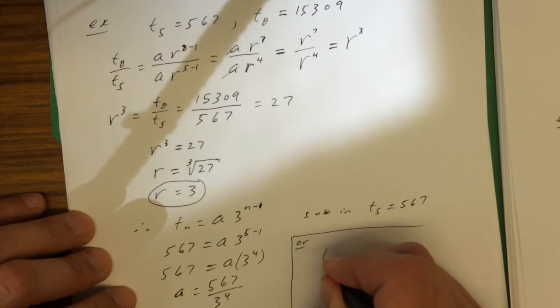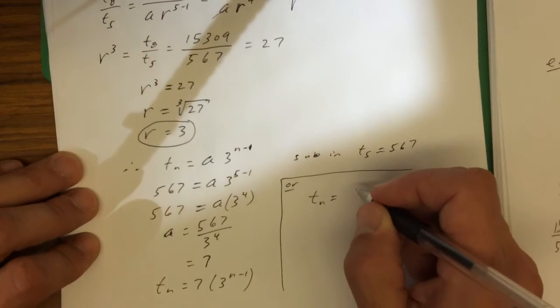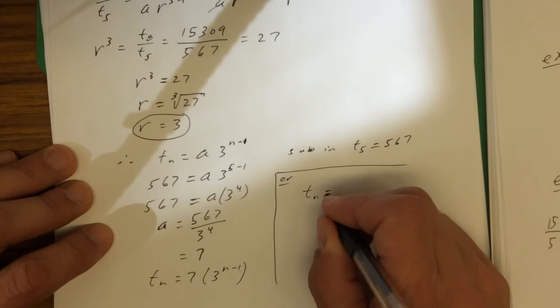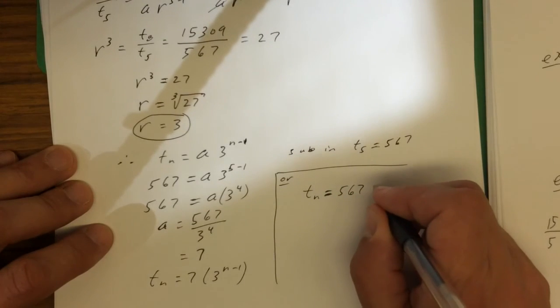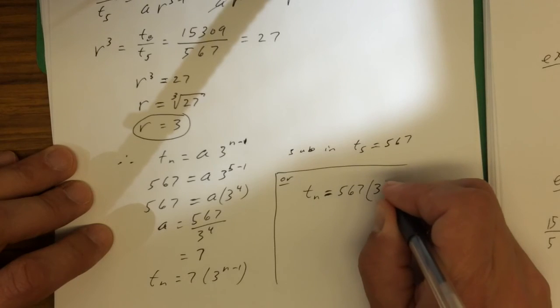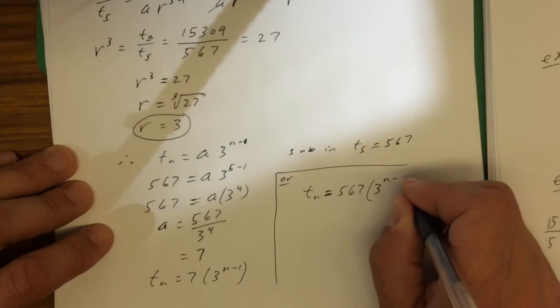You could write that Tn equals, instead of a, put in the fifth term, which is 567 times 3 to the n minus 5.